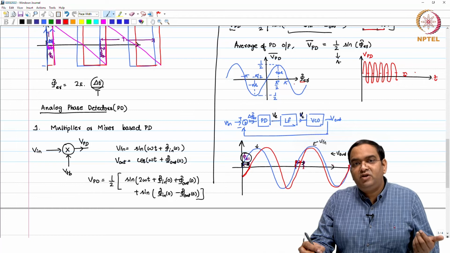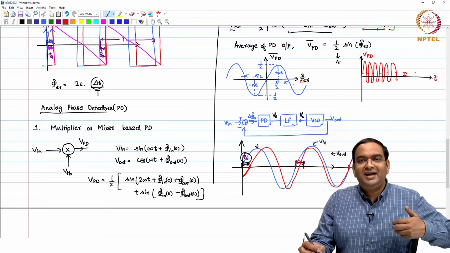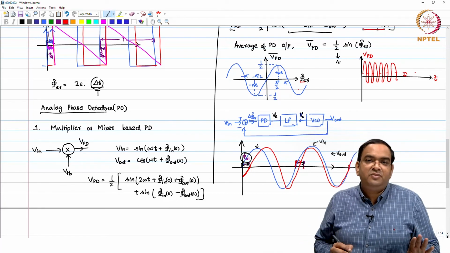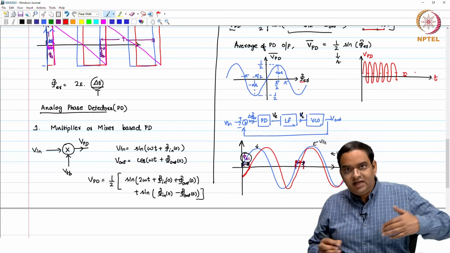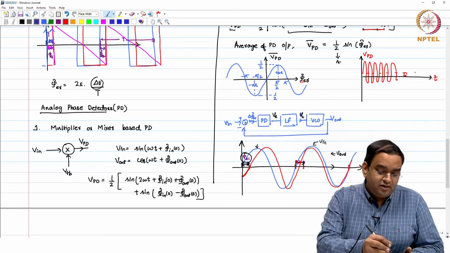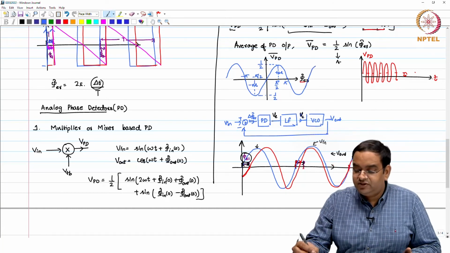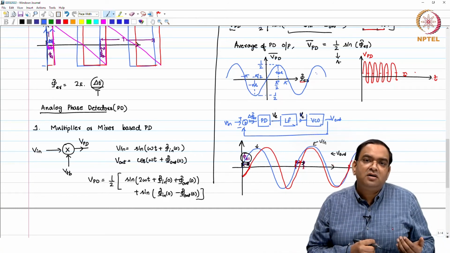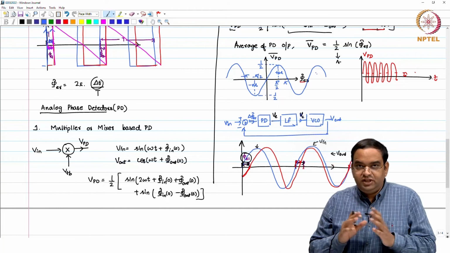So, you will change the frequency of the oscillator in the opposite direction, and you will go away from phase locking, right. So, this is what will happen in the mixer based phase error detector. It may increase the phase error, and then again it may go to the positive side and try to recover the phase error. So, these things will happen.